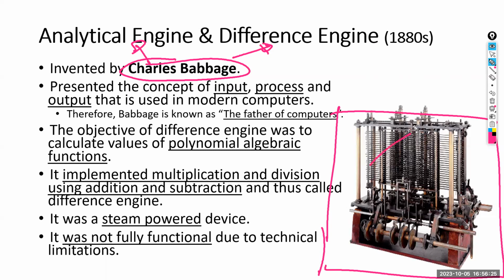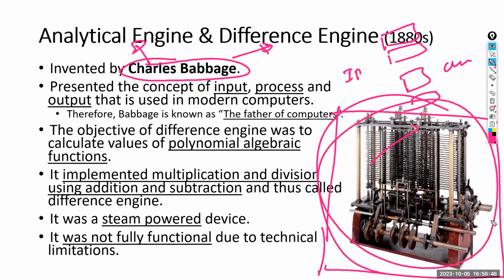But this has all the features of a modern computer. A set of input devices, a set of output devices, the control device, processing device, storage, temporary storage, we call them registers now. All those features were there inside this machine.